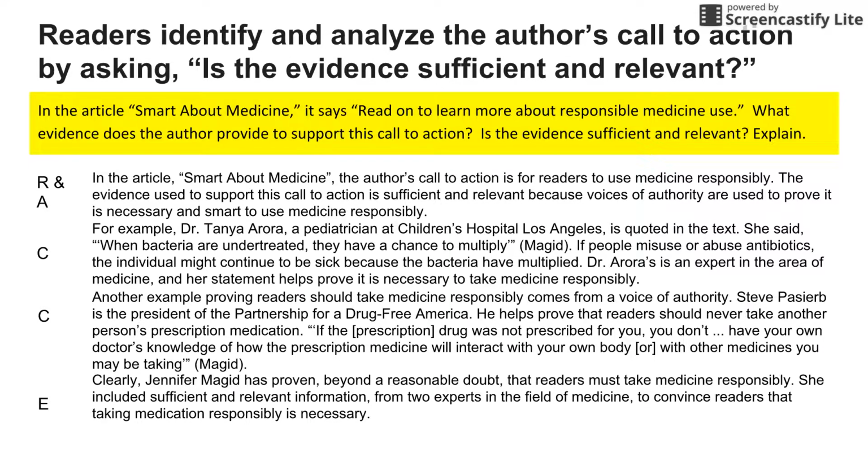I was very clear to include that two different voices of authority were used to convince the reader that it is important to take medicine responsibly. So in my opinion, Smart About Medicine has a clear call to action, take medicine responsibly, and it has sufficient and relevant evidence to prove one must take medicine responsibly because the experts in the field are providing the information to prove it.